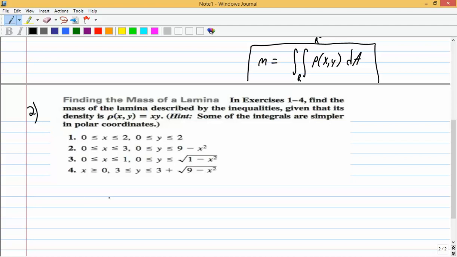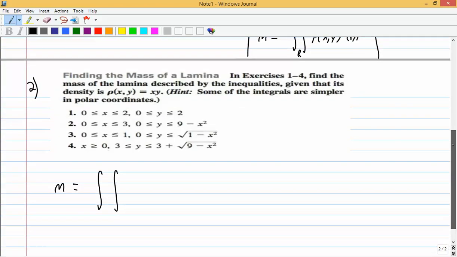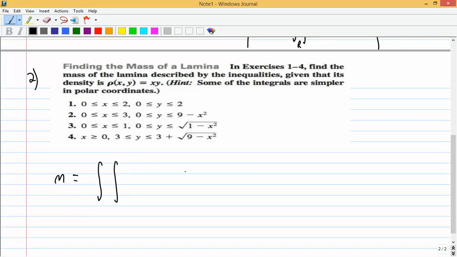Okay, so we know we're going to have the double integral. Find the mass of the planar lamina. It's going to be the double integral over the region, and it depends on how we set up our dA, if we decide to do dy dx, or if we decide to do r dr d theta if we change it to polar.